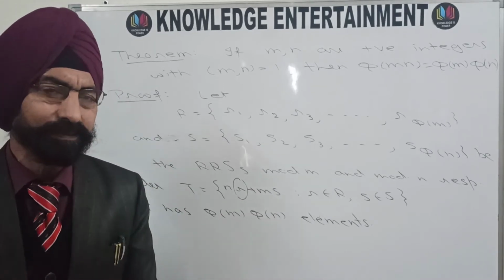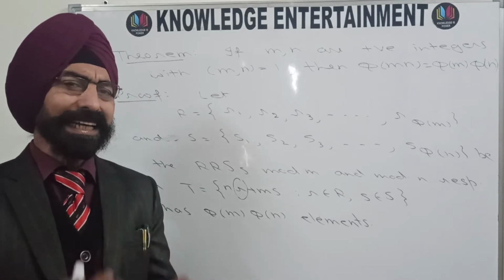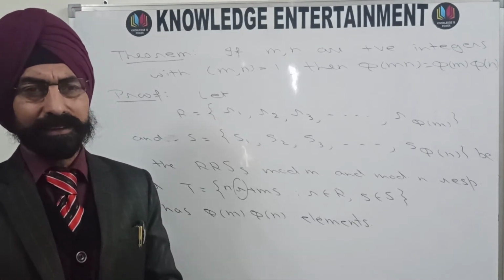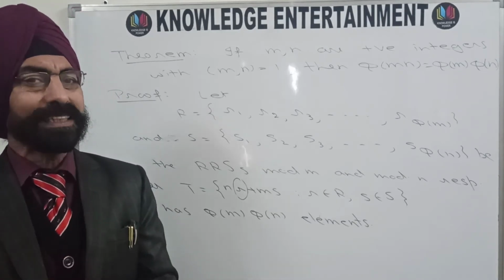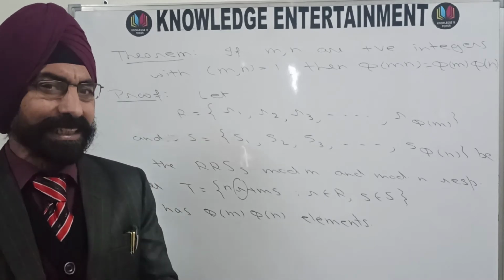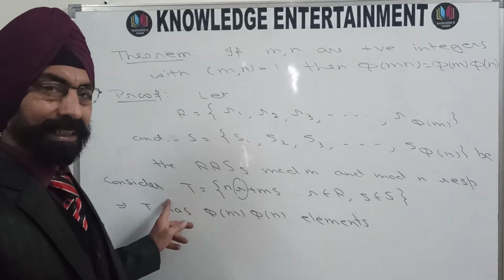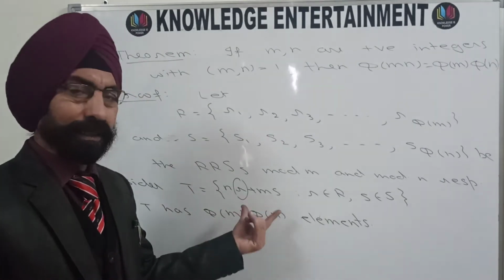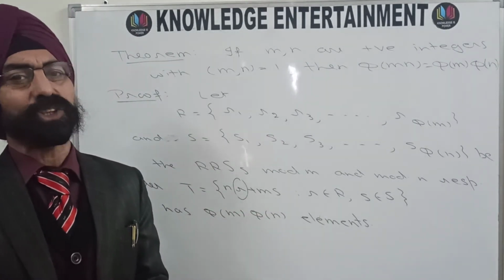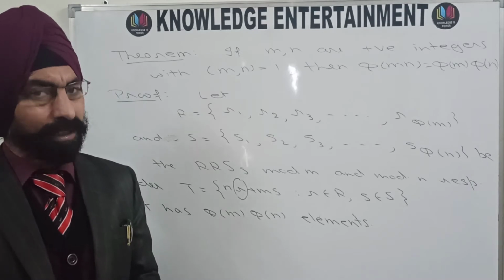And thirdly, we will show that if x is any positive integer with GCD of x and mn is 1, then x is congruent to exactly one member of the set T. That means there will be some nR plus mS such that x is congruent to nR plus mS modulo mn.